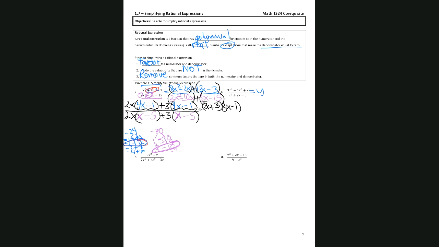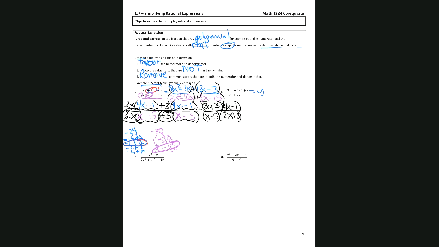And the order doesn't really matter here. We could write 4x minus 1 first. Here, I'm going to write the factor that they have in common first, the x minus 5. And my next factor will be coming from here, 2x plus 3.